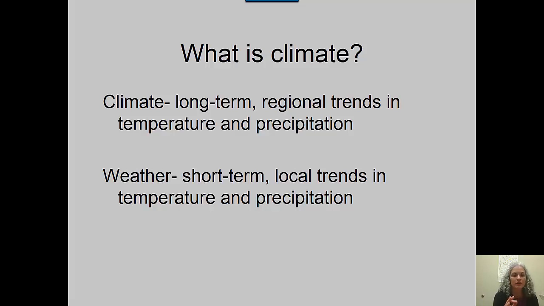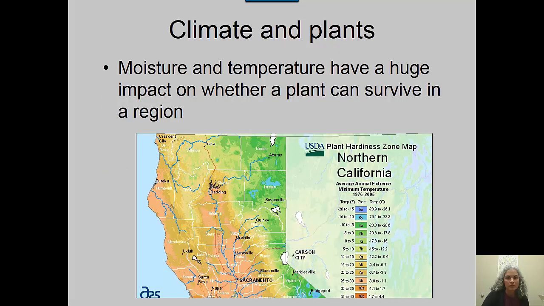It's short-term, it's a more localized description of the temperature and precipitation. Okay. So make sure you know the difference between these two terms, climate and weather. We're talking about climate in this week's module, so long-term regional trends in temperature and precipitation.